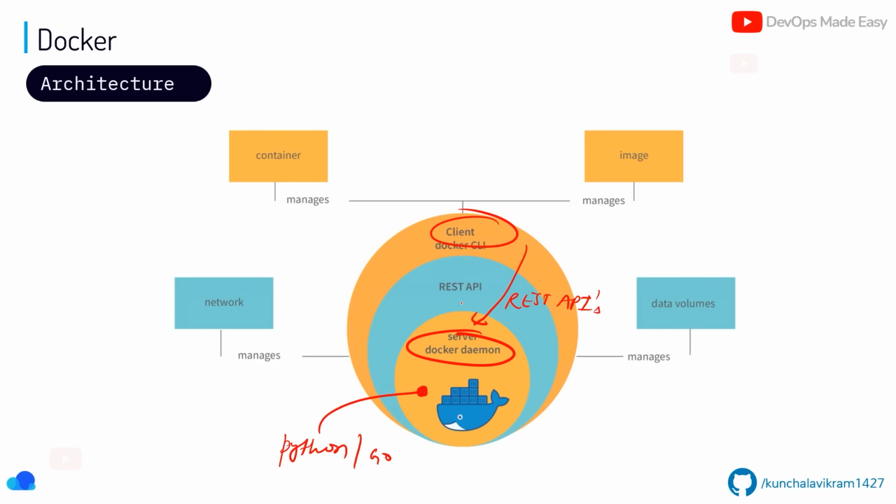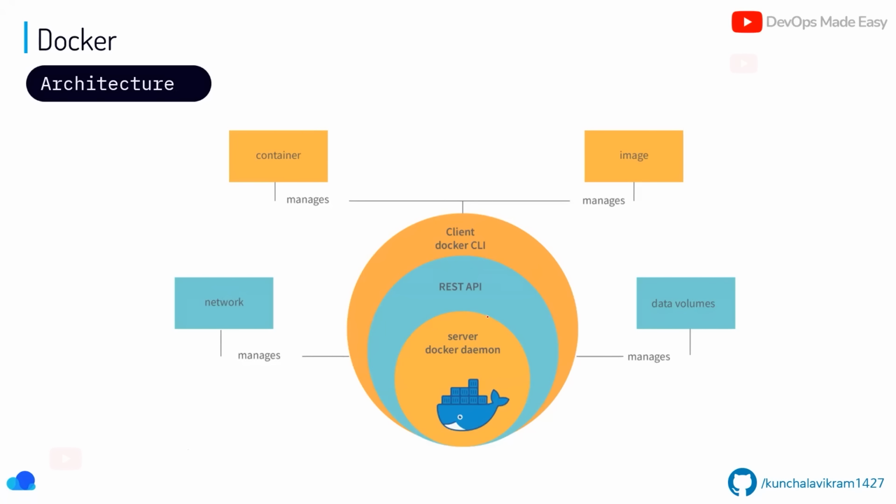When we talk about the daemon, we are actually using the daemon's APIs. So you can write any automation script to directly talk to the daemon, bypassing the client tool, if you know how to use Docker's REST APIs.